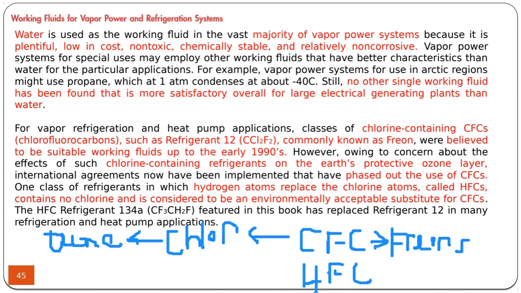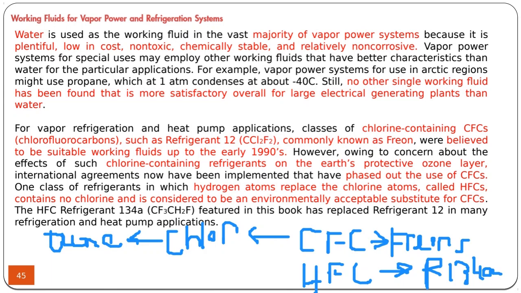An example of HFC is, for instance, 134a. This is one of the most used recent refrigerants. It's not harming the ozone layer. That's why recently the use of HFCs has increased because of the effect on the environment. So this is the recent working fluid for compression refrigeration systems.